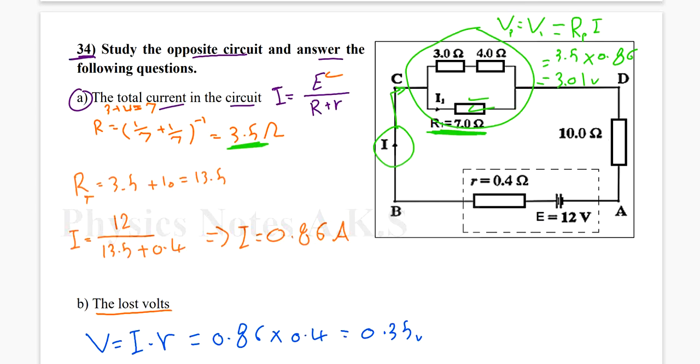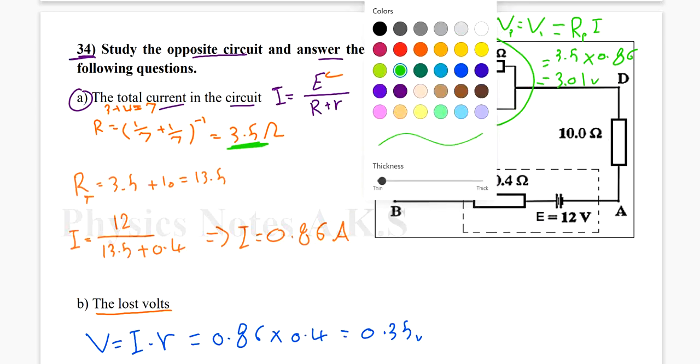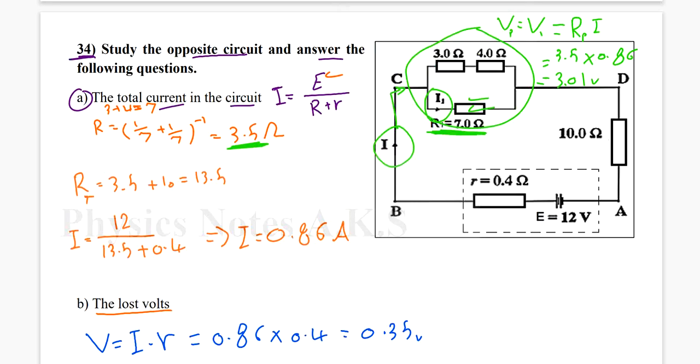Now they want the current also, this current I1, the current in the 7 ohm. We know from before, they want the current, so I1 is going to be V1 over R1. V1 is what we found, which is 3.01, over R1. How much is R1?